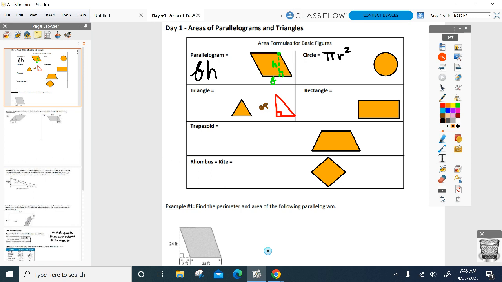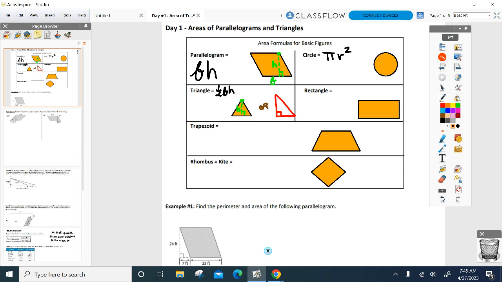All right, triangle. Base times height divided by 2. I do 1/2 base times height. You can do base times height divided by 2. Same thing. Again, just so we're clear, height is the altitude. It's got to come from a vertex and be perpendicular to the opposite side.